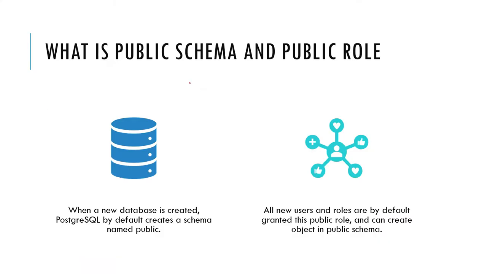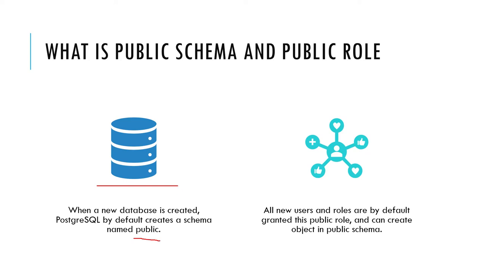So what is a public schema and public role? Whenever you create a new database, let's say you created a new database, DB1, then by default, when you check the schemas which are available in that particular database, you will see a schema with the name public.